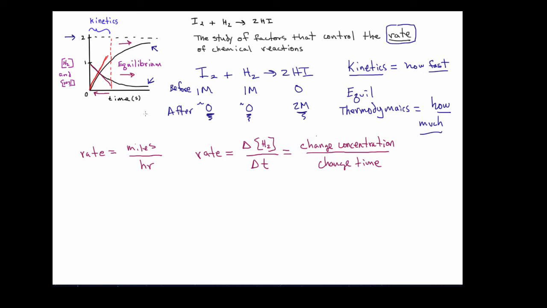All right, now how do we get that from a graph? So I'm going to take this graph and I'm going to redraw it so that it's larger. All right, and I'm just going to freehand this thing. Now, I'm only going to draw the H2 here. And again, the graph for the H2, it's going to start up here at 1 molar.